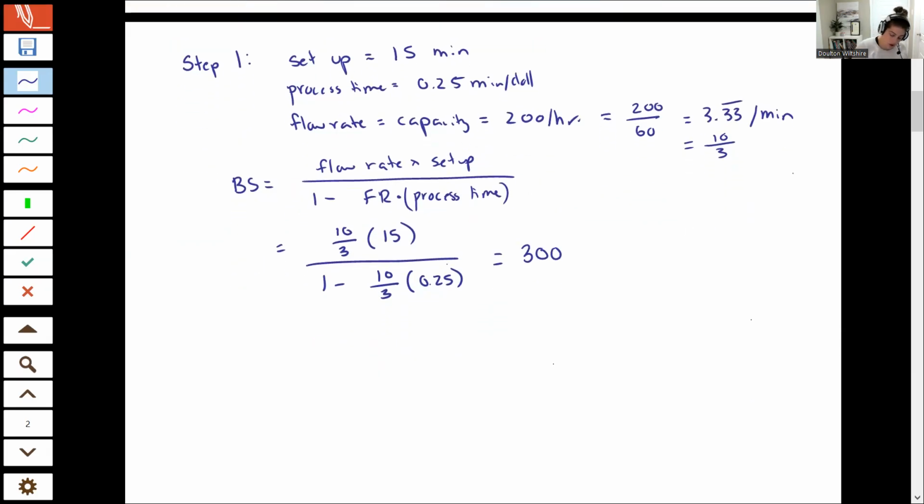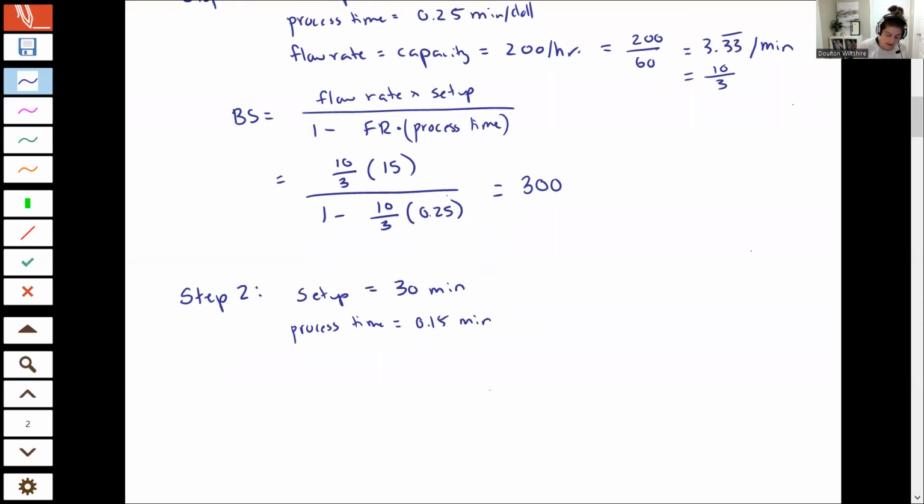Okay, for step 2, we're going to do the same thing, right? Our setup time is 30 minutes. Our process time is 0.15 minutes.